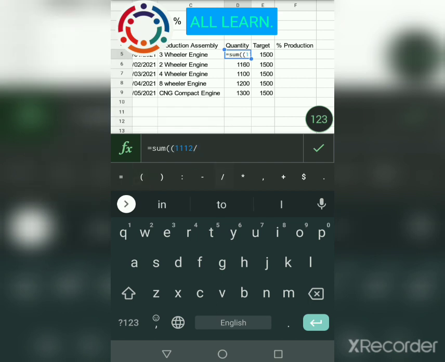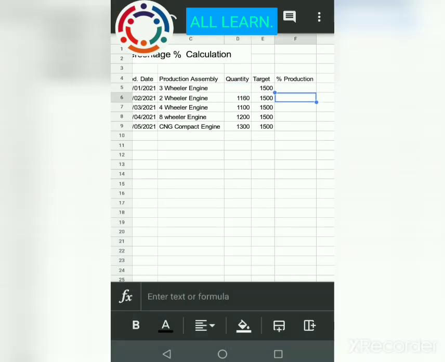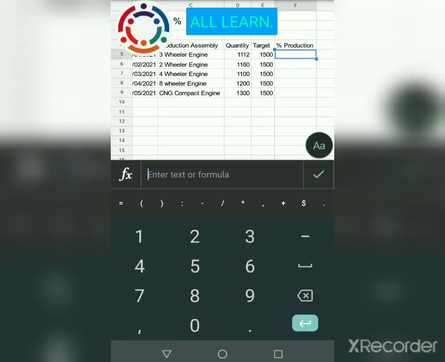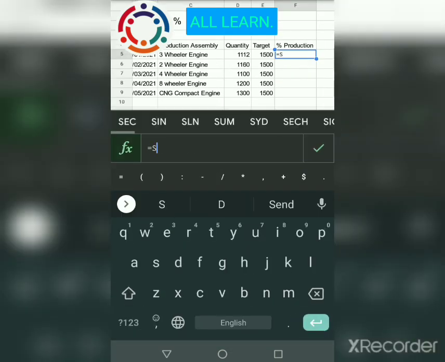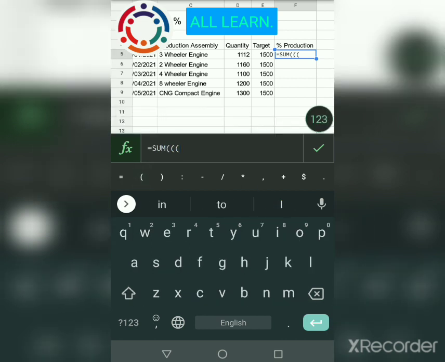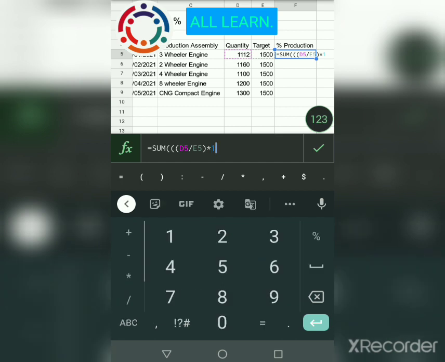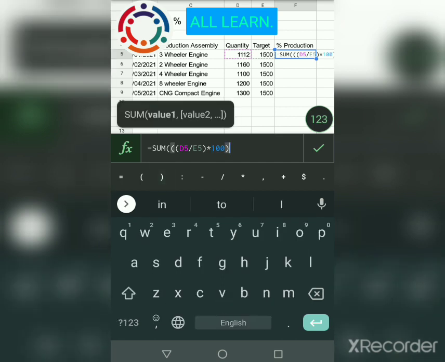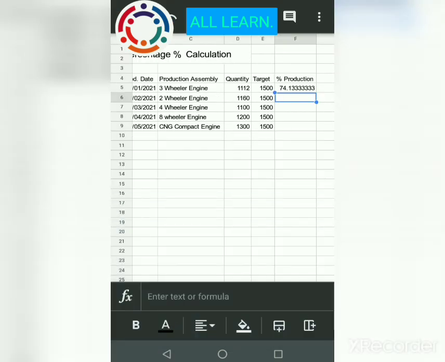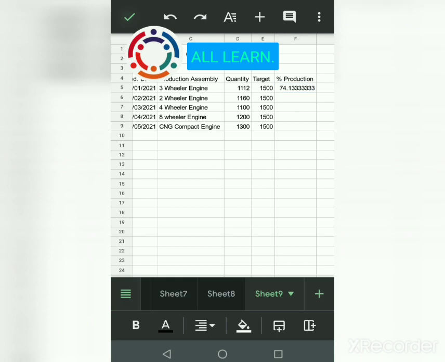First bracket start, quantity produced divided by actual target, bracket complete, into 100. Okay, almost 74 percentage production.